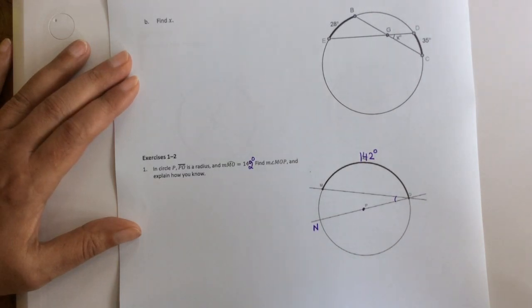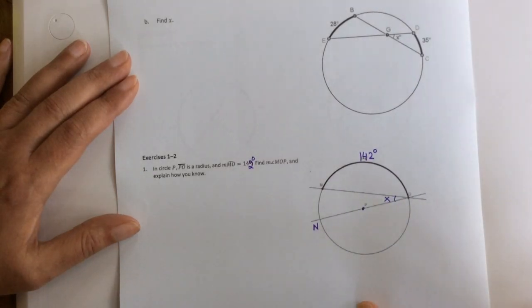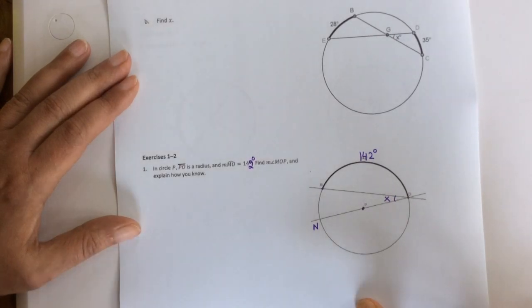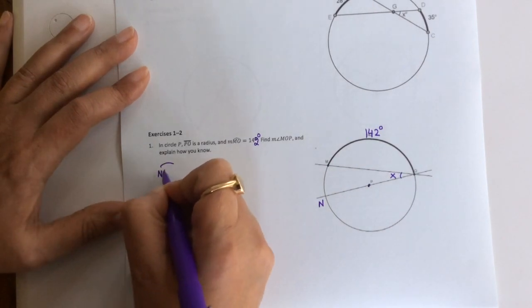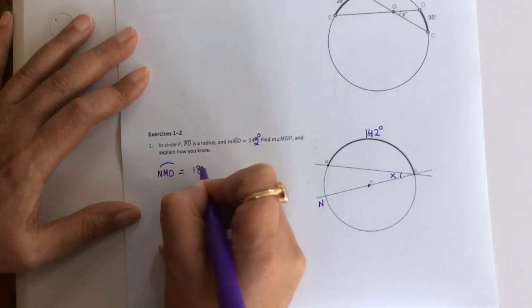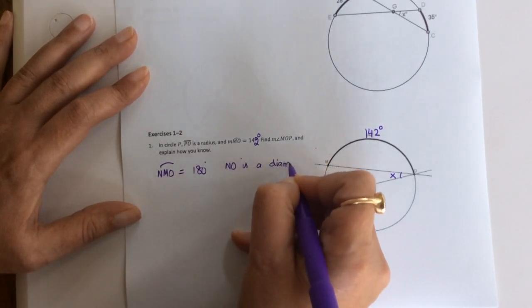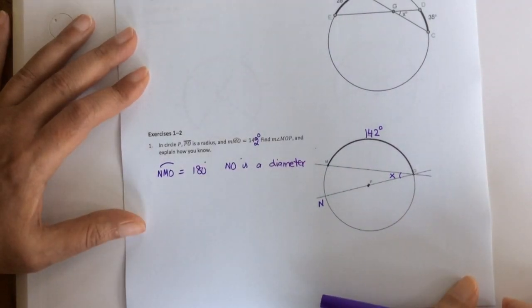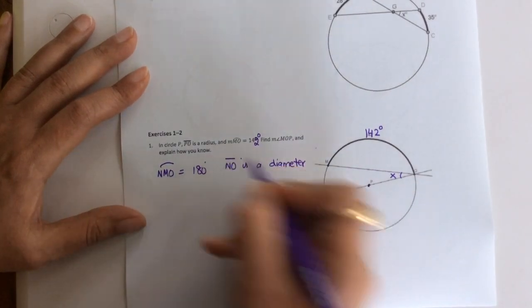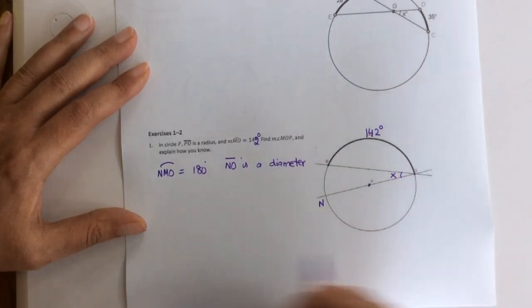Now I'm going to call this X. And I can use the inscribed angle theorem here. So I know that arc NMO is going to be 180 degrees, and this is because NO is a diameter, and the diameter is going to cut my circle into two equal arcs, and each of them is 180 degrees. So MO is given to be 142.